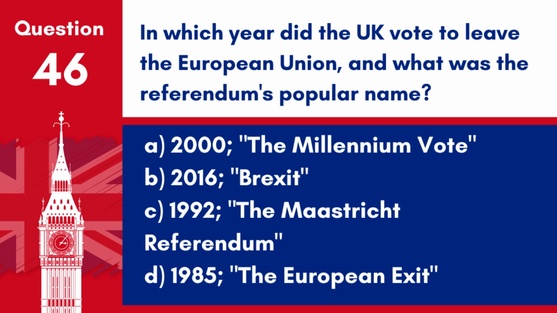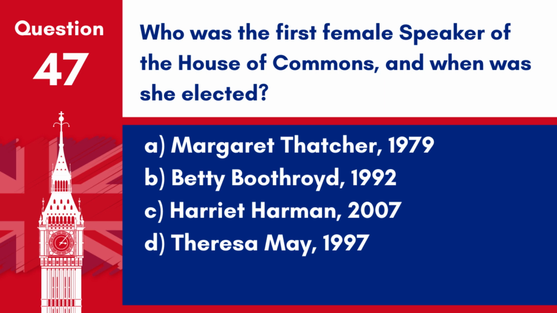D. 1985, The European Exit. Answer: B. 2016, Brexit. The UK voted to leave the European Union in a 2016 referendum, commonly referred to as Brexit. Question 47. Who was the first female Speaker of the House of Commons, and when was she elected?